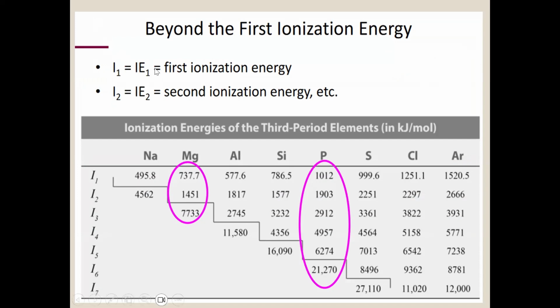I1 or ionization energy 1 is the first ionization energy, the energy required to remove the first electron. I2 or IE2 is the second ionization energy, the energy required to remove the second electron. Usually, the second electron will need more energy to be removed.